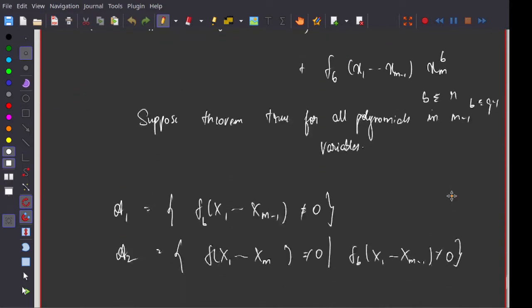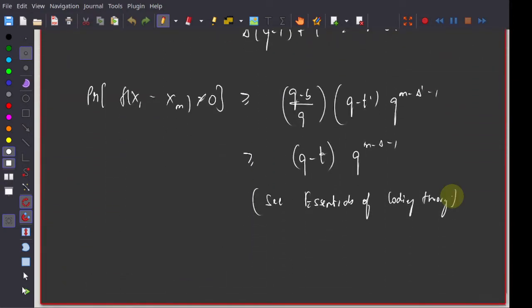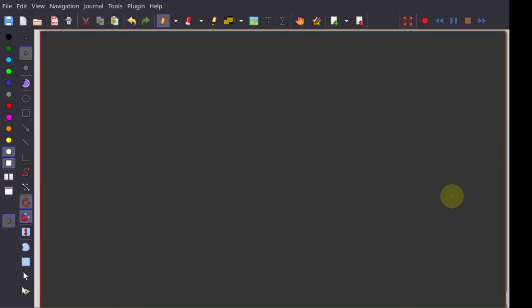Now obtaining general bounds on the dimension when R is greater than Q is in general not very easy. But there exist some upper and lower bounds. I won't prove them over here, but I'll just state them.